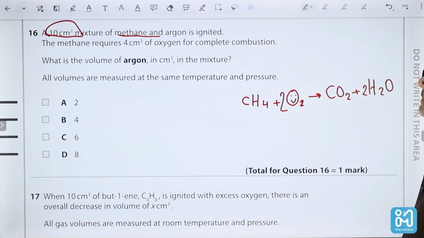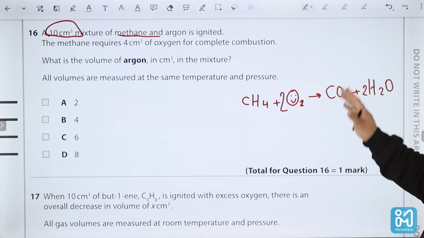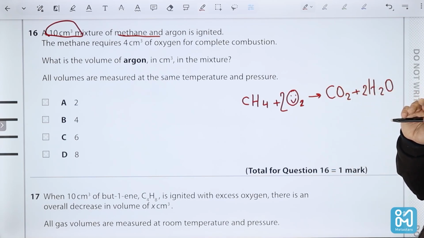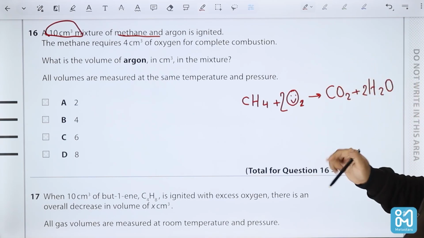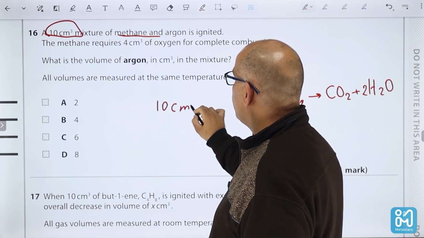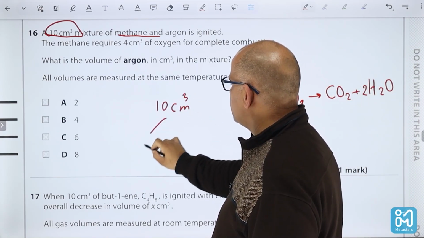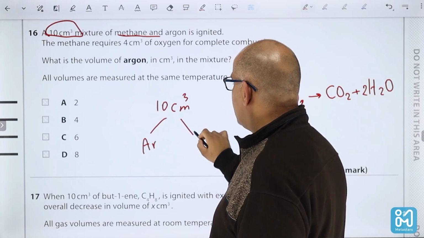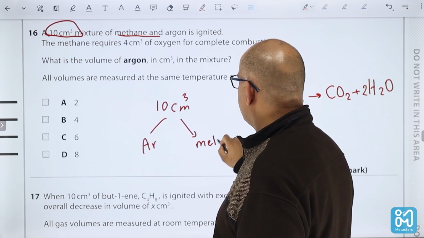The 10 cubic centimeters is a mixture of argon and methane.